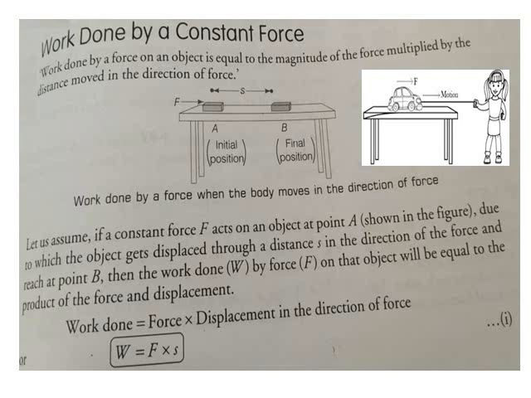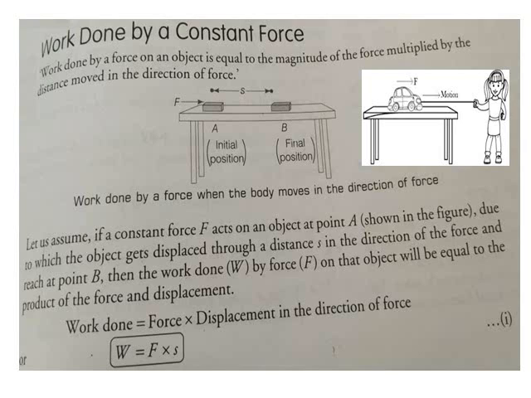It can be a toy car being pulled by a girl to move it to a new position. Because of the force, the car changes its position from A to B.